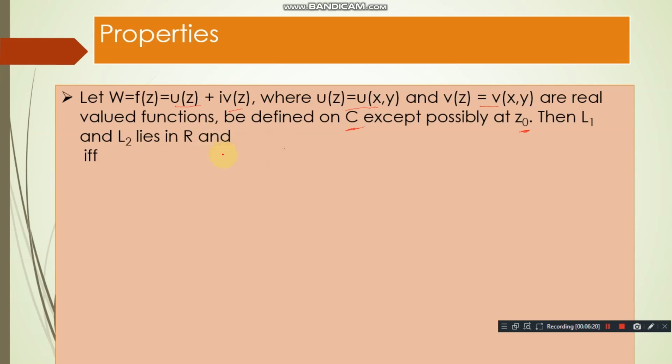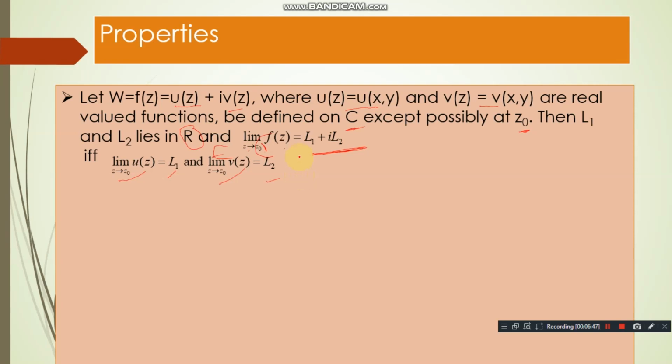If and only if the real part and the imaginary part of the complex function approach L1 and L2, then limit z tends to z0 of f of z is nothing but L1 plus i L2.